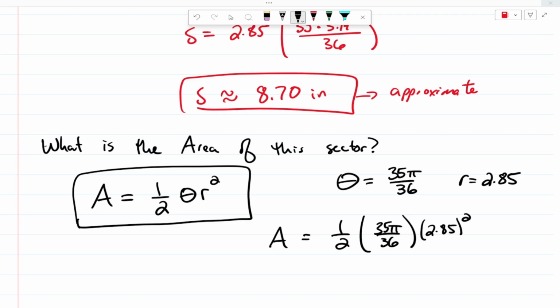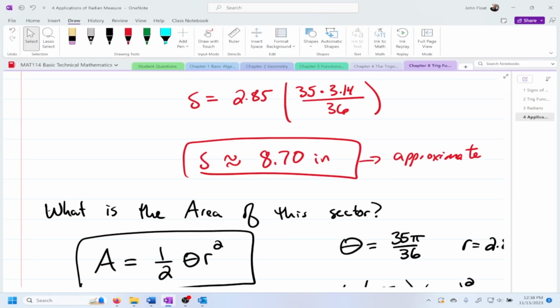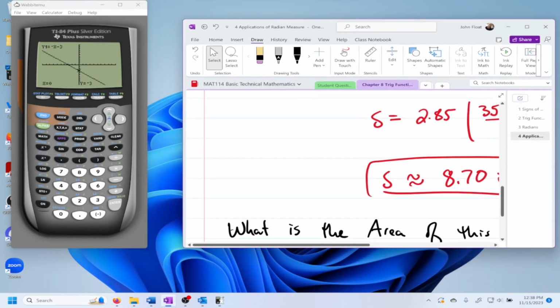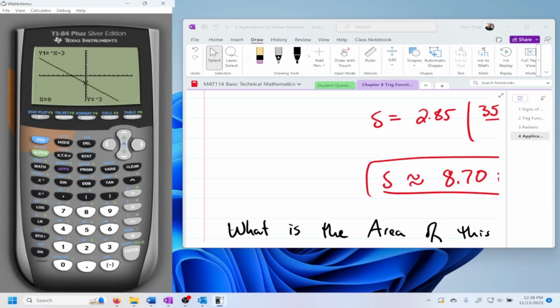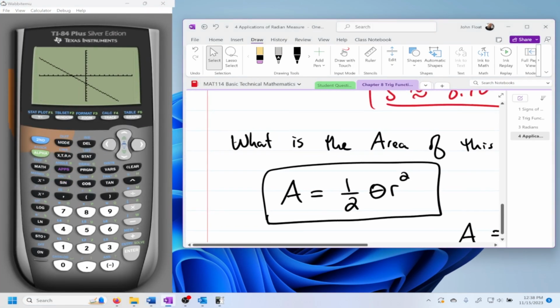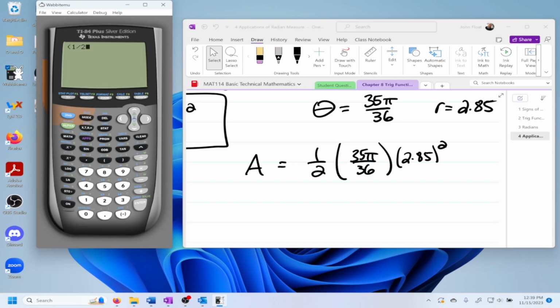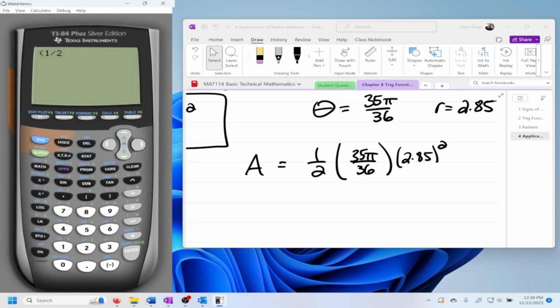So to do this problem, I'm going to need my calculator. So let's go ahead, let's get that out. I can find my mouse here, there it is. So let me minimize this. Get out the calculator here. All right, and I need that calculation right there. So I'm just going to type this all in at once. So we got 1/2 times, oops, forgot my parenthesis.